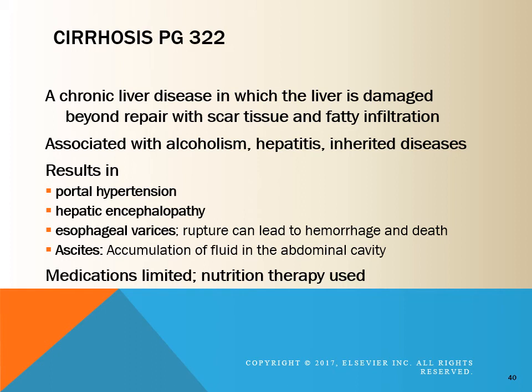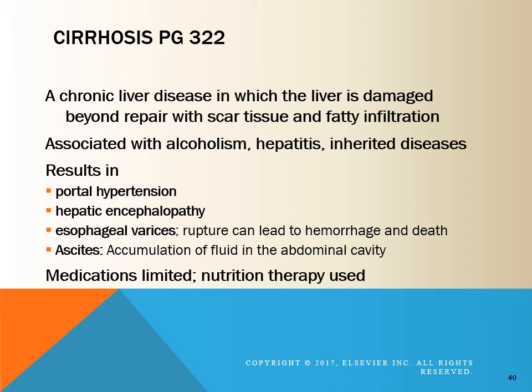So, associated with alcoholism, hepatitis, and inherited diseases. It results in portal hypertension, hepatic encephalopathy, which we'll cover in the next, esophageal varices, they can rupture and lead to hemorrhage and death, and ascites. So ascites, this is accumulation of fluid in the abdominal cavity.